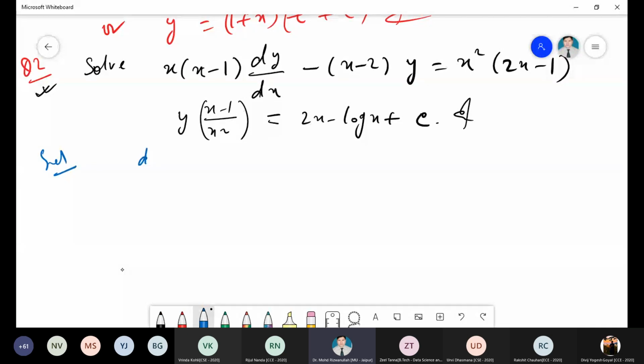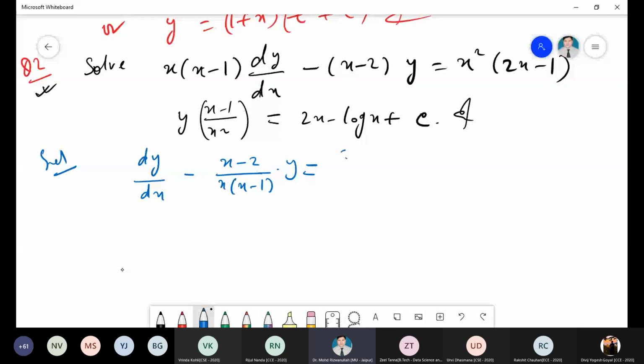When you write dy by dx, this will be equal to minus (x minus 2) upon x into (x minus 1) into y, and this is equal to, finally, x square into (2x minus 1).